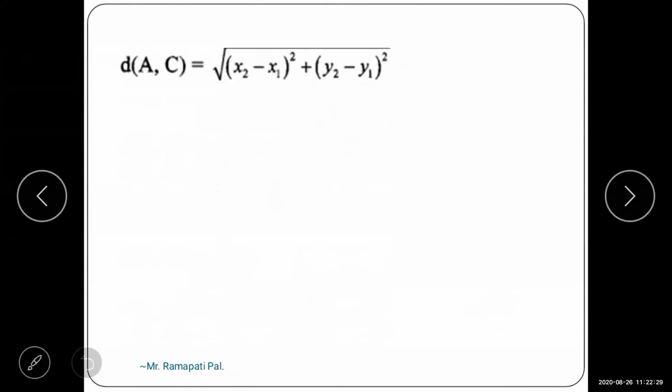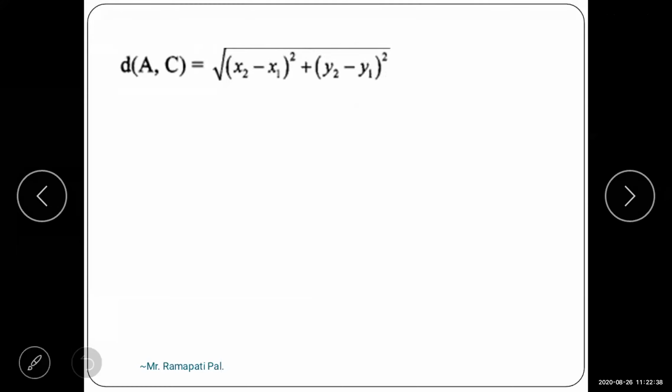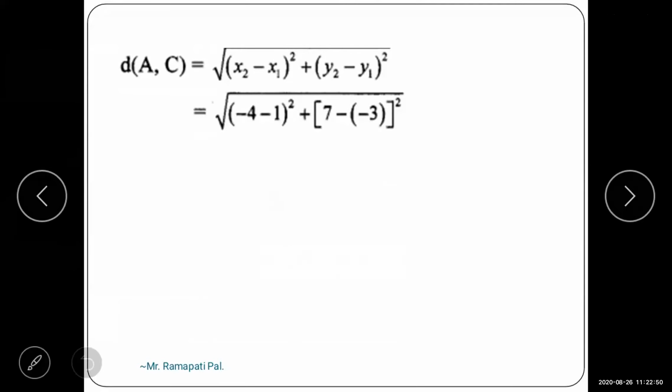Distance AC is equal to, again we write the formula, root x2 minus x1 whole square plus y2 minus y1 whole square. You know the points of A and C, so substitute the values. It will be root of minus 4 minus 1 whole square plus 7 minus minus 3 whole square.